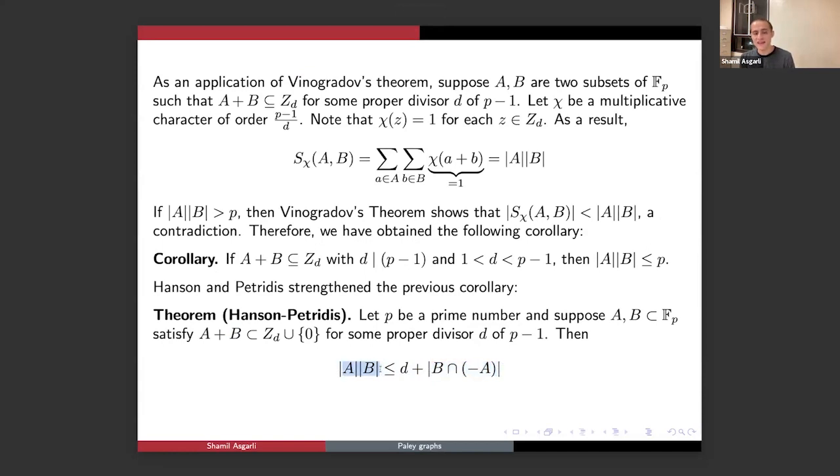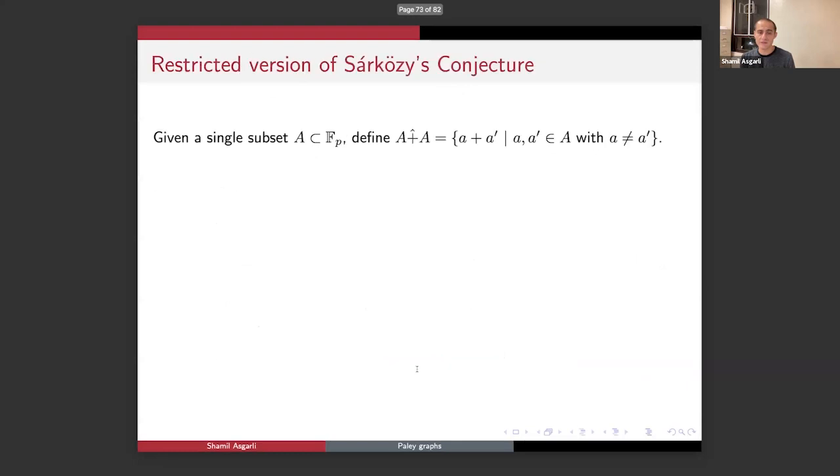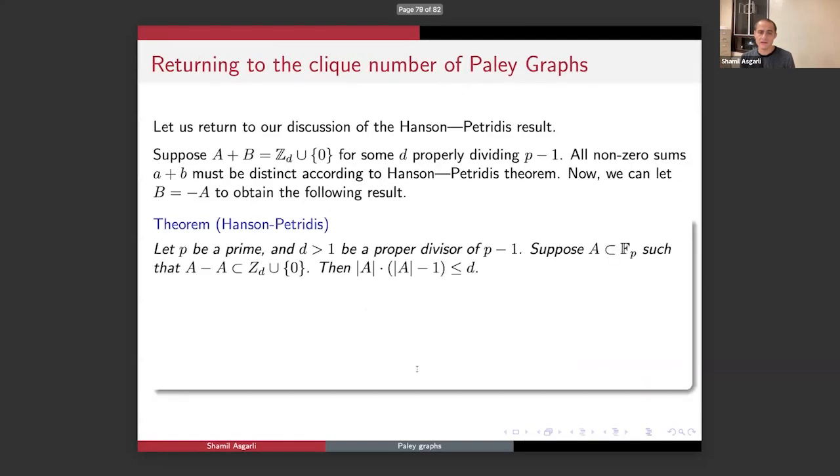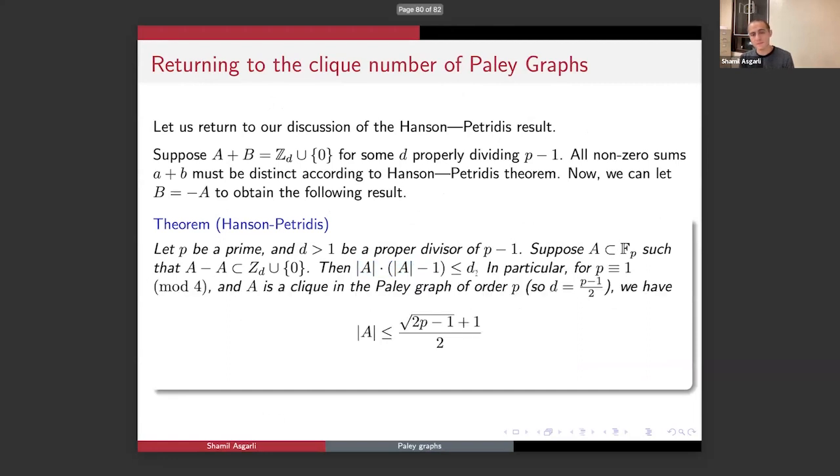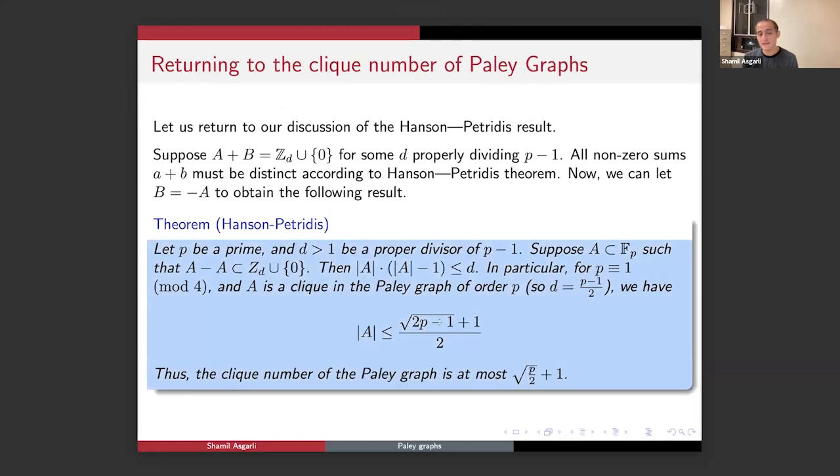So this is |A| squared minus |A|, which must be at most d. But that's exactly what I wrote here. And we've shown that any clique in the Paley graph must satisfy this inequality, which shows that the clique number of the Paley graph is at most root p over 2.